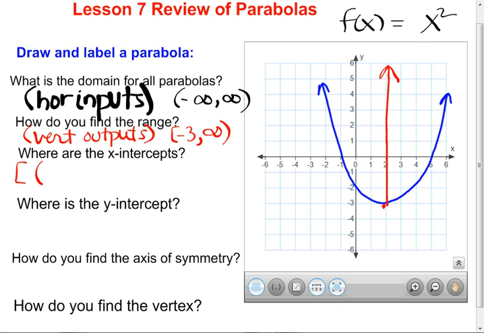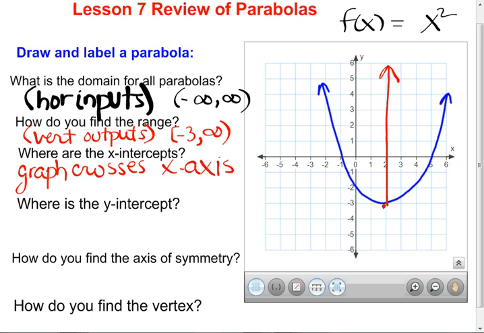Okay, now what are the x-intercepts? It's where the graph crosses what? The x-axis. That's easy. And we always write this as an ordered pair. So you may have to make some flashcards or whatever to remember these things. But it's the x-intercepts, so it's the x-axis. What are the x-intercepts here?